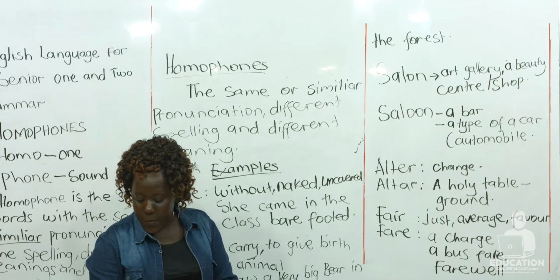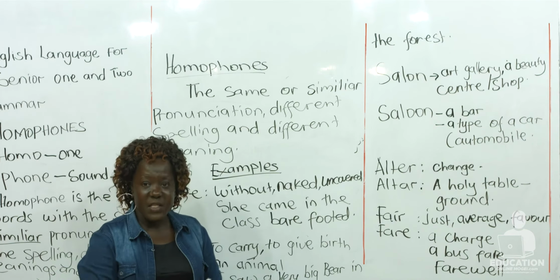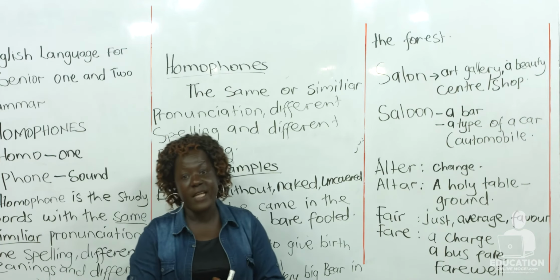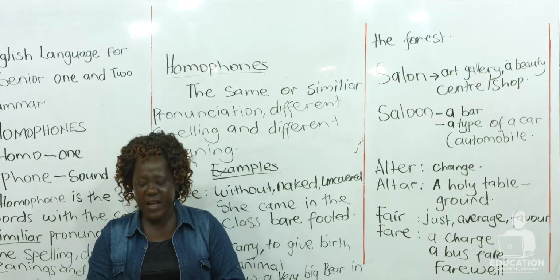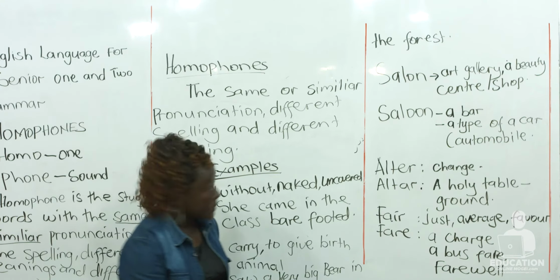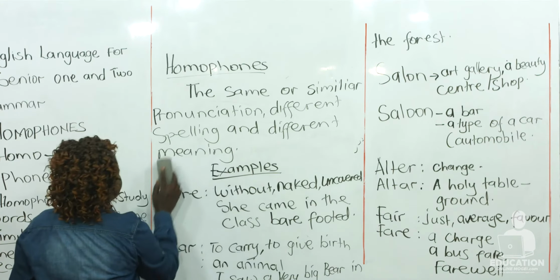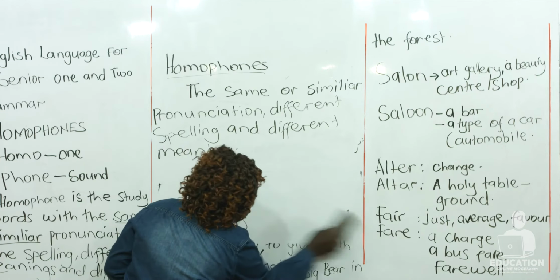Right. My dear learners, let us not only stop here. There are so many homophones that you need to know, and the most disturbing one, or even common in nature, words like, let us look at this one here.